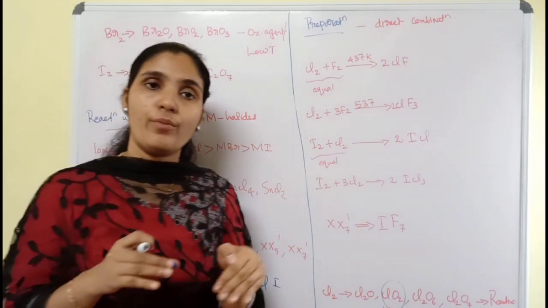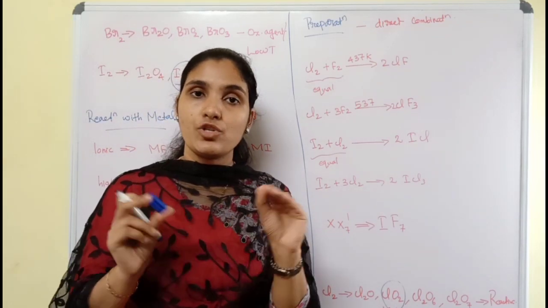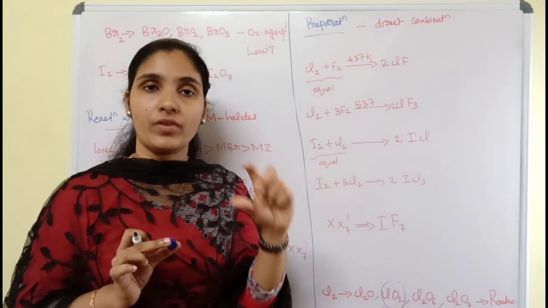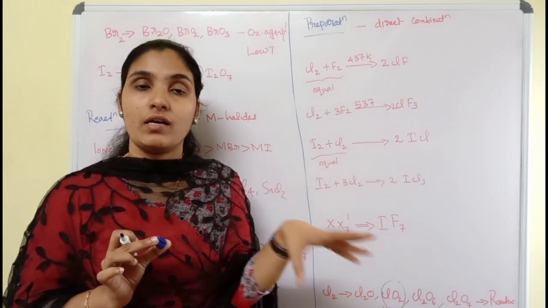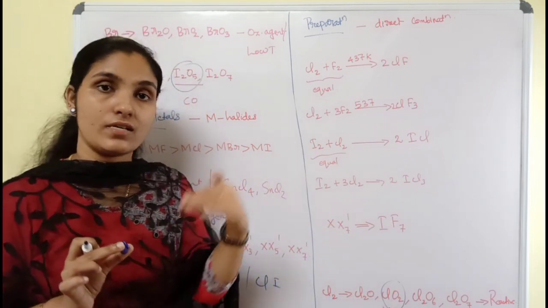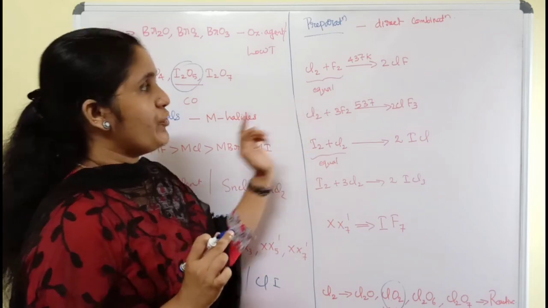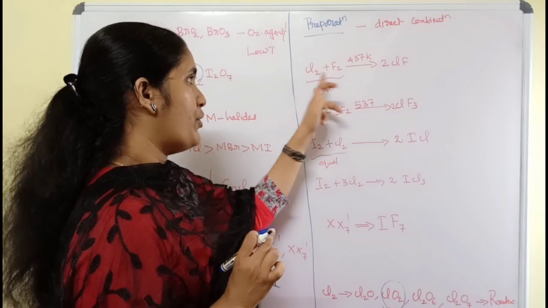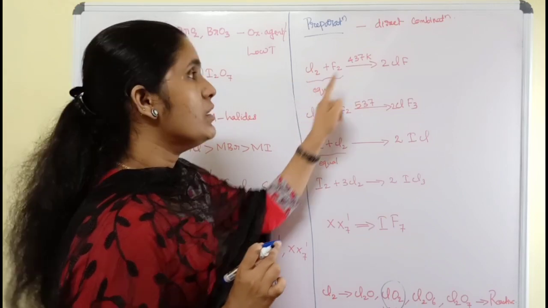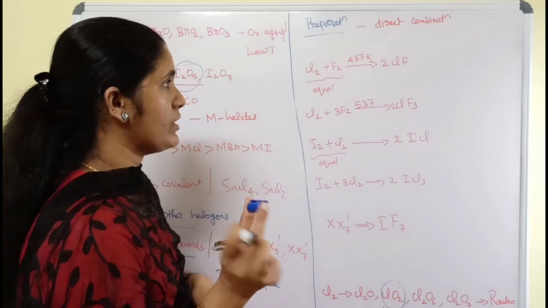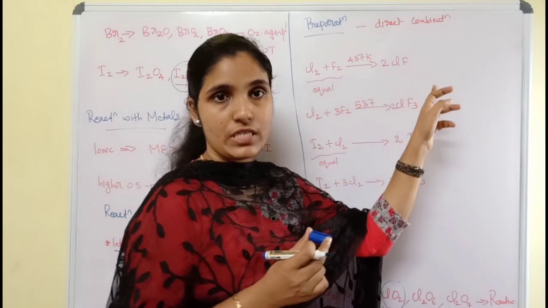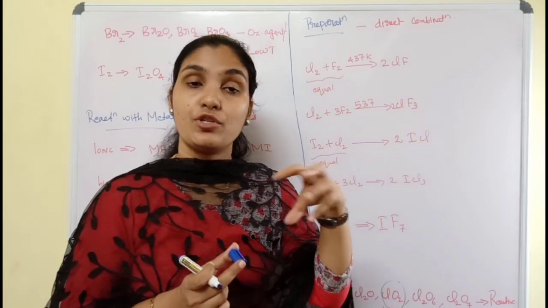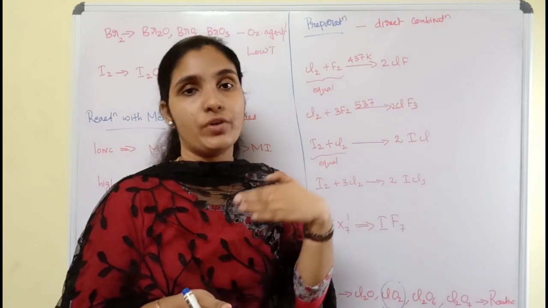It depends upon the amount of reactant we have taken as well as the temperature, whether it is high or low. So for example, if we take equal amounts of chlorine and fluorine, they combine at 437 Kelvin and 2ClF is formed. Here we can't write the product as FCl, because the size of fluorine is small. The larger atom should come first.